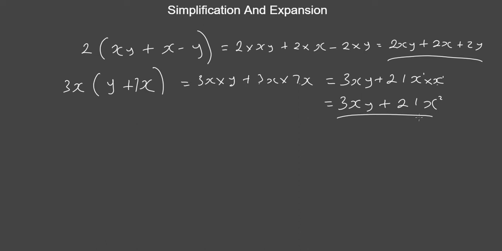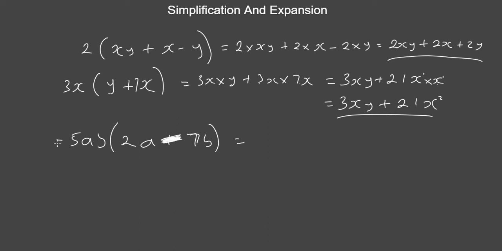So let's look at another example. Let's say I have minus 5ab into brackets 2a plus 7b. So how do we go about this? Let me make this minus 7b instead of plus. So minus 7b, right? Now, what we want to do is to just expand.